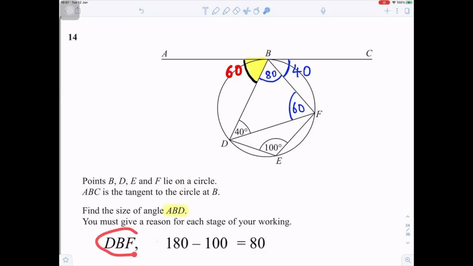So DBF is equal to 80, because the two opposite angles in a cyclic quadrilateral add up to 180. So 180 minus 100 gives you 80. That's why this angle is 80.